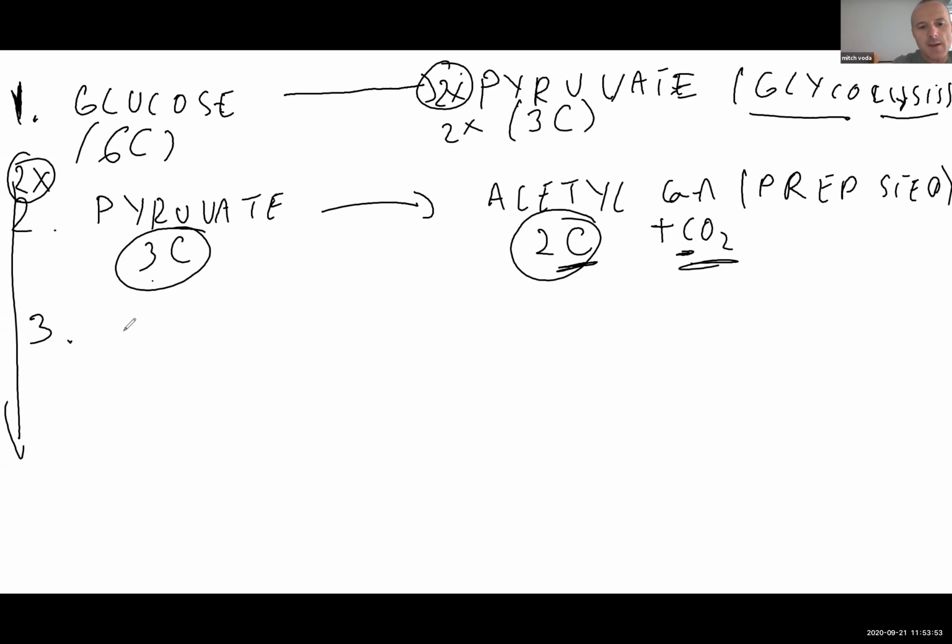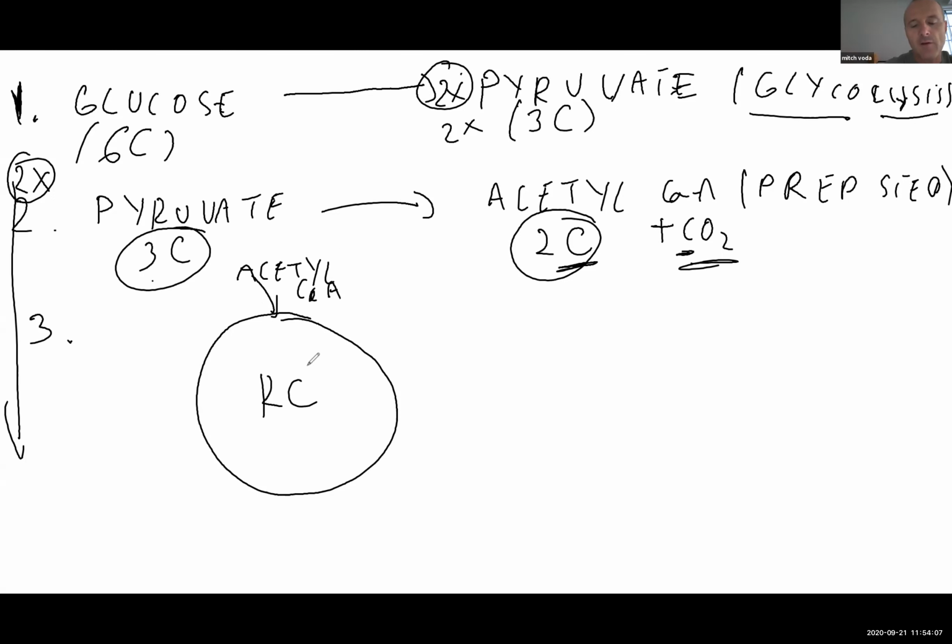Now, acetyl-CoA moves into the next step, which is the Krebs cycle, KC, or citric acid cycle. What happens here is it's going to move around through a series of reactions, and this acetyl-CoA is going to be broken down into a few things, one of which is carbon dioxide.